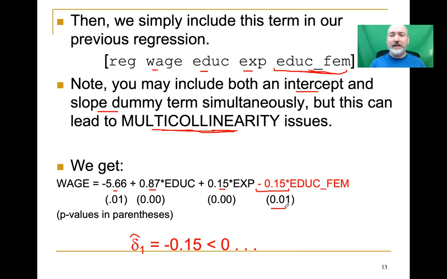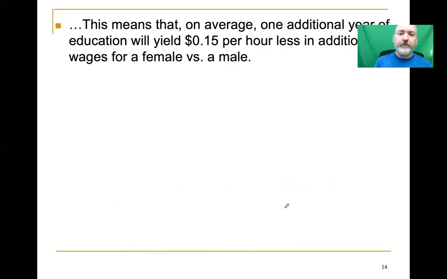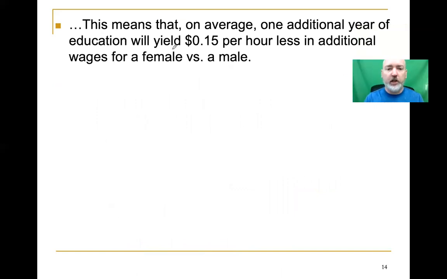But what does it mean that it's negative? Well, that positive slope relating education to wage is going to be a little bit flatter for the treatment group, which in this case are the females in the sample. And specifically, each additional year of education will add 15 cents less to your hourly wage for a female relative to a male.